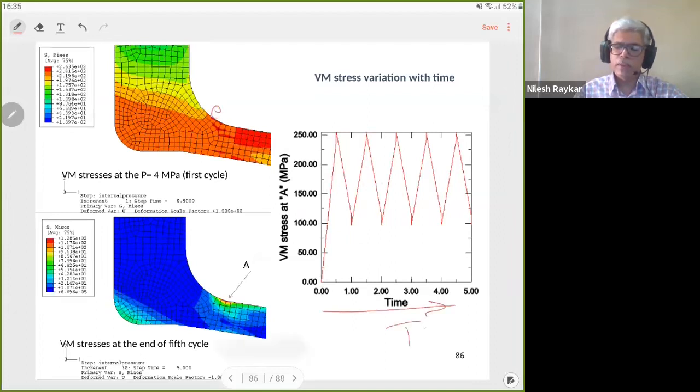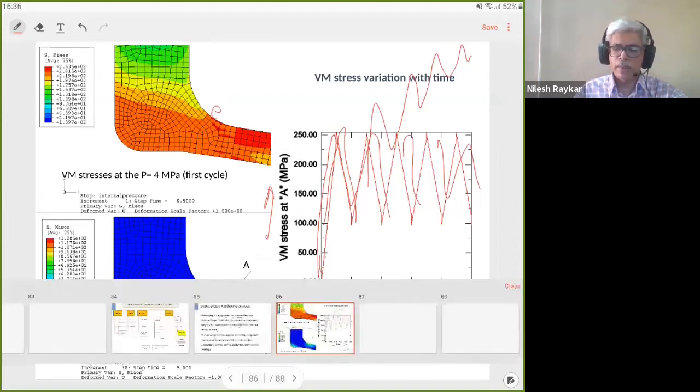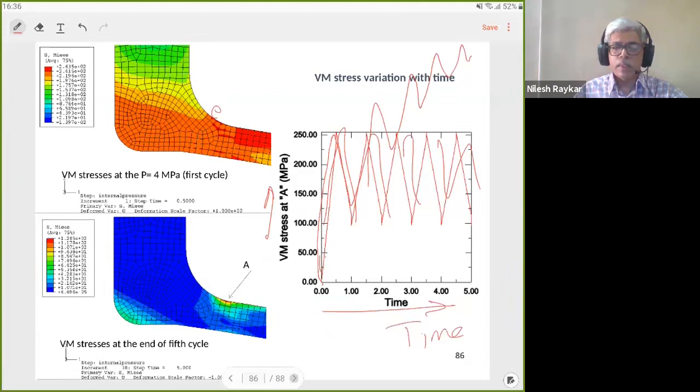On the x-axis you have time, and on the y-axis you have either stress or displacement. You check that the stress or displacement at a point stabilizes. If ratcheting is taking place, you will find that the growth is diverging, and at one point the deformation will become too great or the stresses too high. So either way, it is a failure condition.